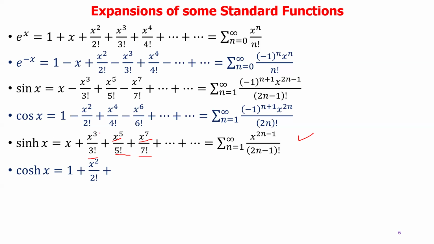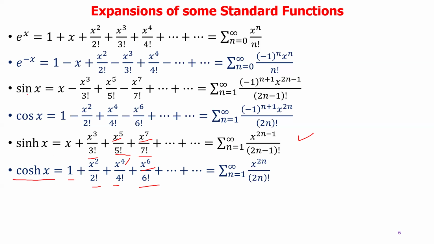Similarly, the expansion of cosine hyperbolic of x is equal to 1 plus x square upon 2 factorial plus x to the power 4 upon 4 factorial plus x to the power 6 upon 6 factorial and so on.